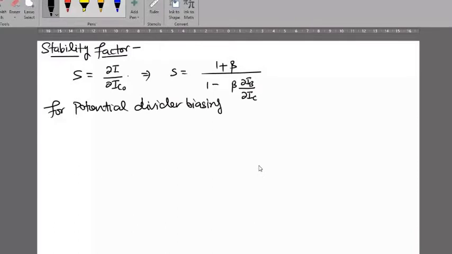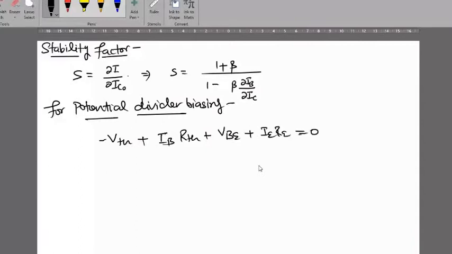The input equation is VTH minus plus IB RTH plus VBE plus IE RE equals 0. Do you remember this equation? Actually, we remember the circuit of potential divider biasing after making it a Thevenin's equivalent circuit.